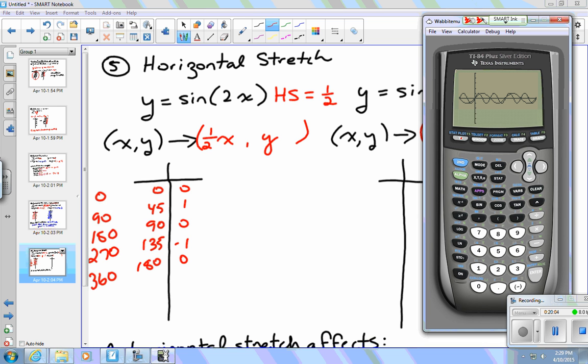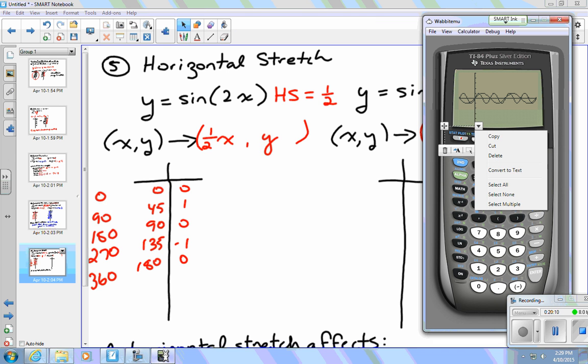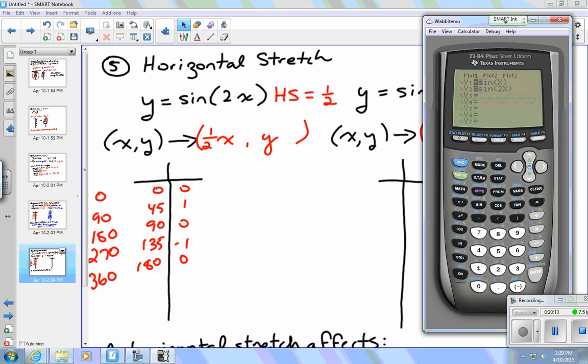So if we go to y equals, and put in now the sine of 1/3 x. There's my original one again.